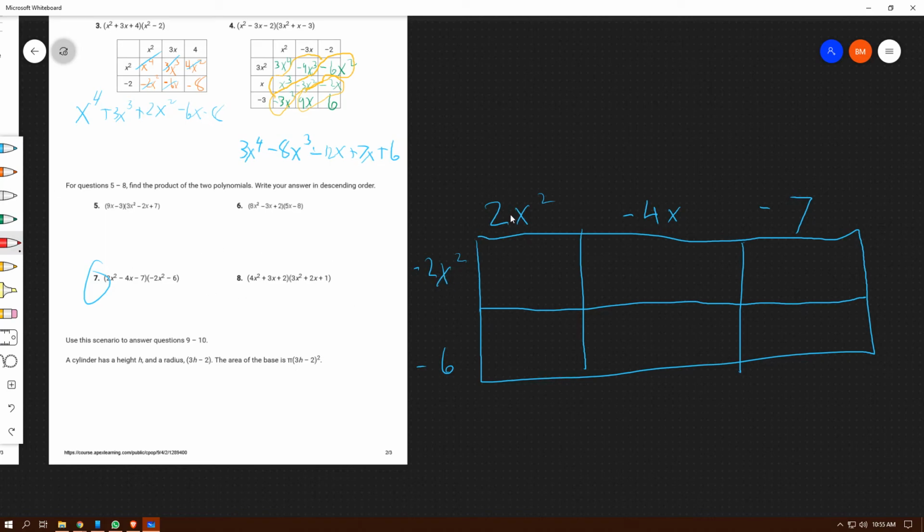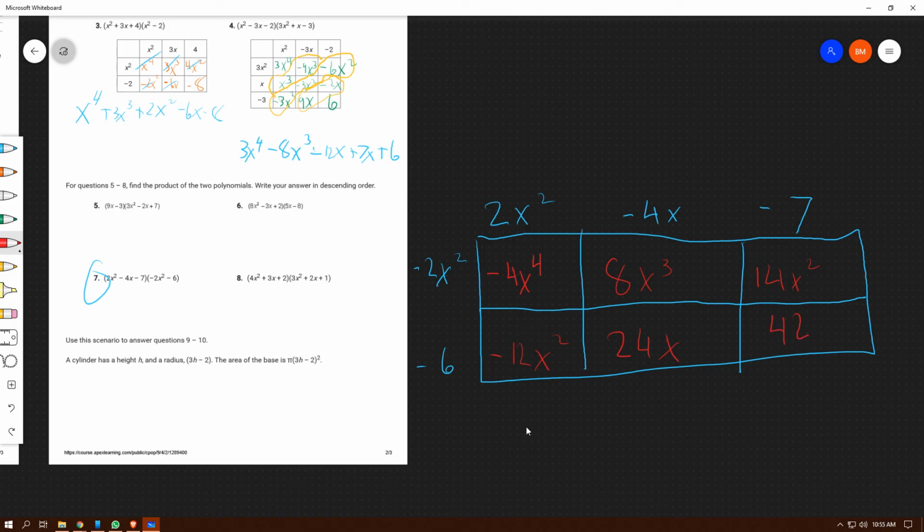I got negative 2x squared times 2x squared is going to be negative 4x to the fourth. Negative 2x squared times negative 4x is going to be positive 8x cubed. Right here is going to be a positive 14x squared. It's going to be negative 12x squared. Positive 24x. And what's that going to be? Positive 42.